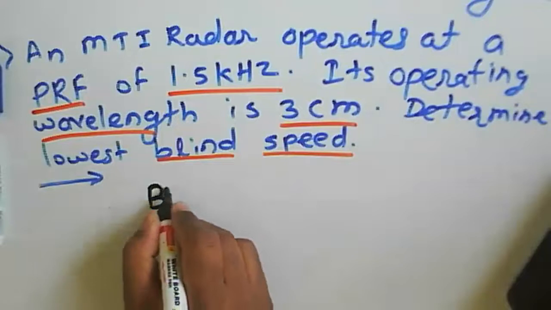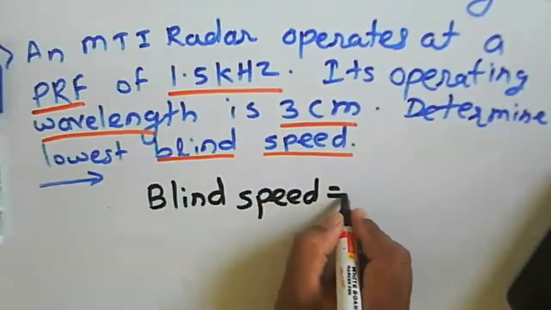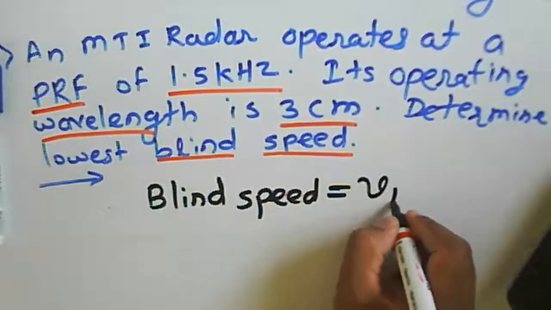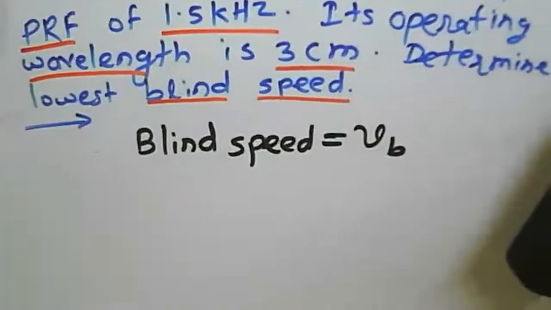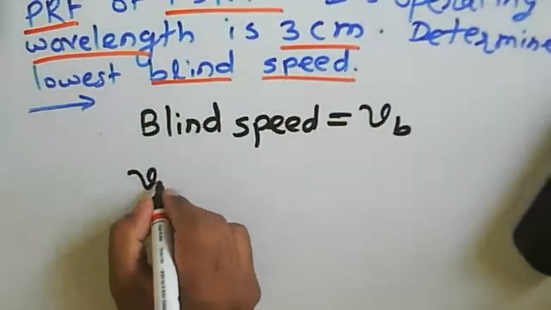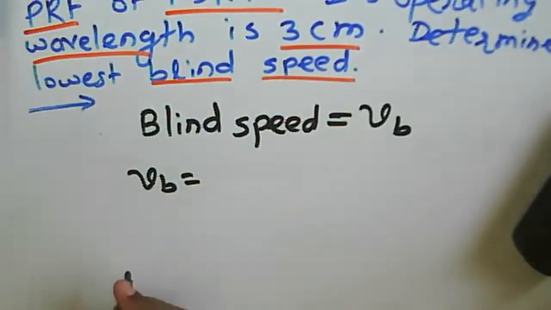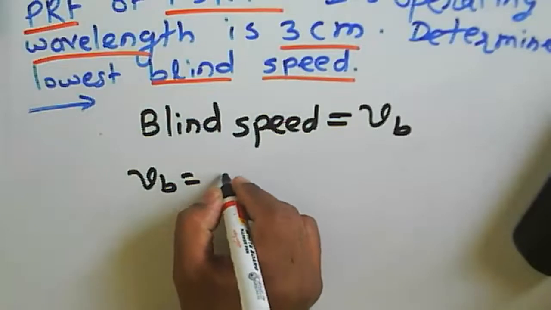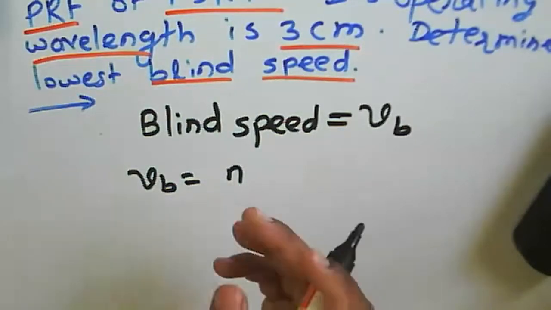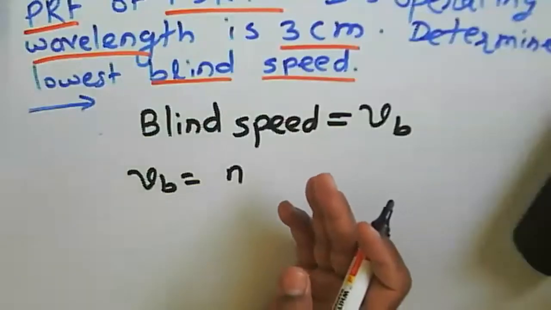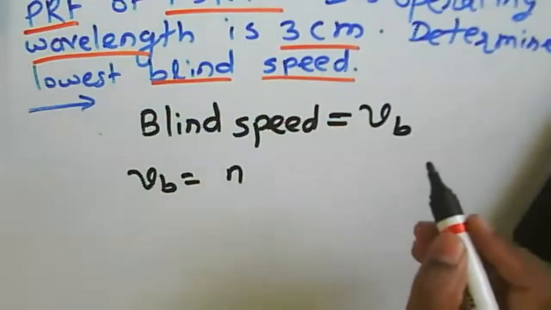Generally we say the blind speed is VB, and VB is equal to n lambda by 2 PRF, where n is an integer number: n stands for 1, 2, 3, 4, likewise.